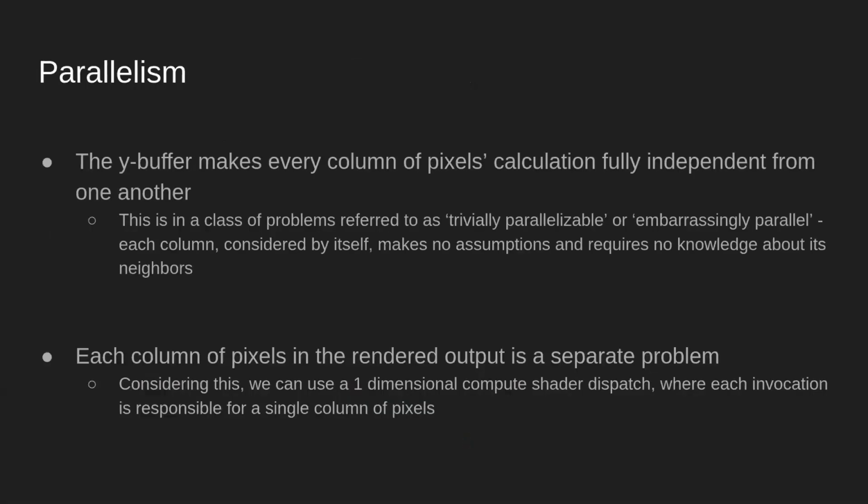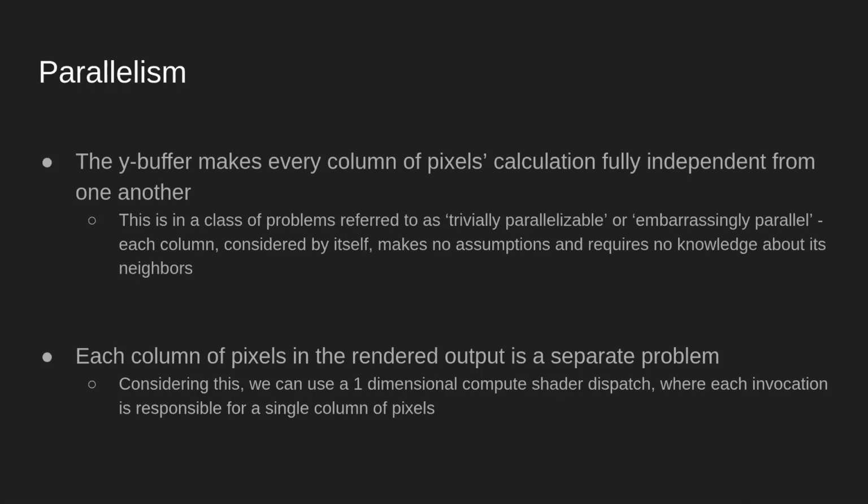So this is where the compute shading comes in. Rather than doing these horizontal sweeps across, the Y buffer makes this a trivially parallelizable problem. If you think about it, each column of pixels can be its own job, where it basically goes and traces a ray out across the terrain.